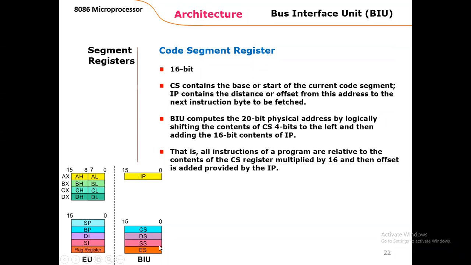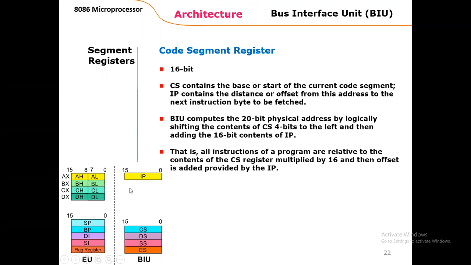So this is your register architecture. At first, draw the register architecture, then discuss general purpose registers, then pointer registers, then index registers, then flag register, then segment registers, and IP, instruction pointer.